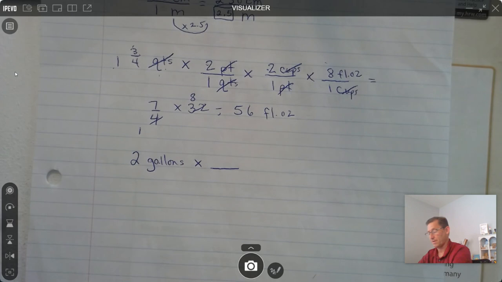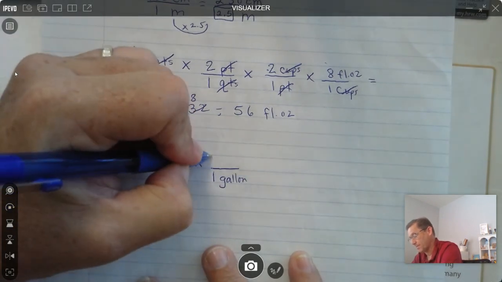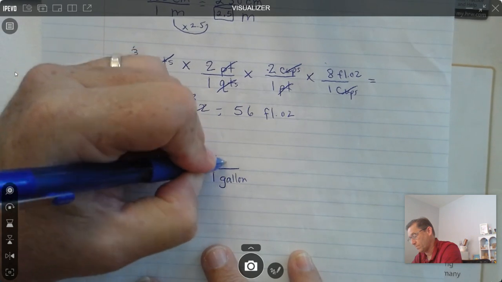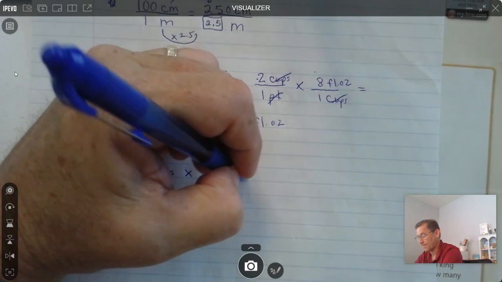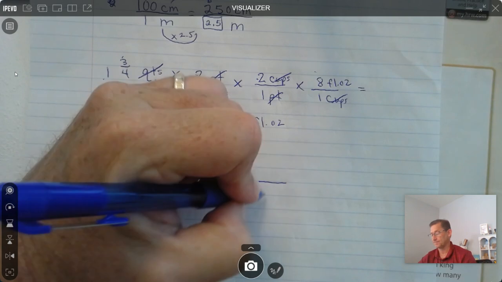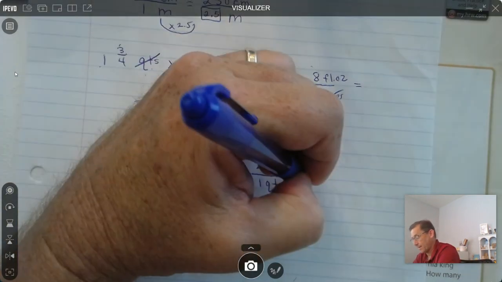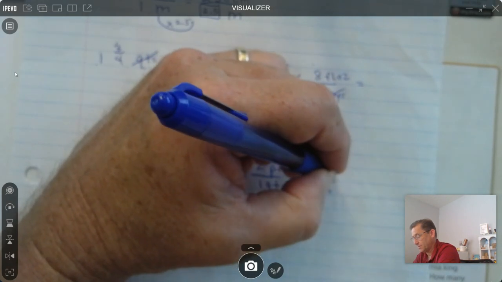So for every 1 gallon is 4 quarts. In every 1 quart, there are 2 pints. And in every 1 pint, there are 2 cups.